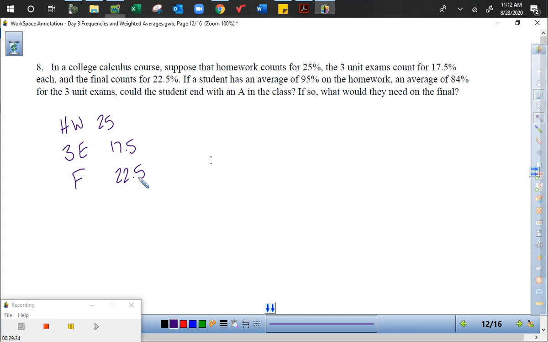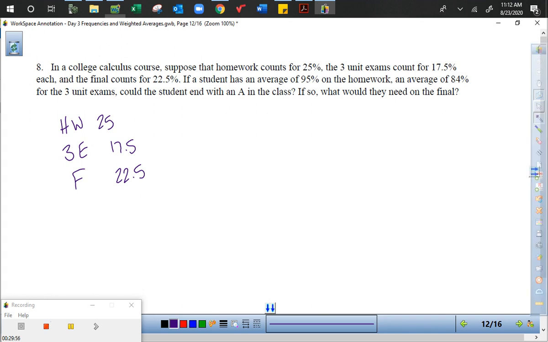Great. So if a student has an average of 95 on the homework, an average of 84 for the 3 unit exams, could the student end with an A in the class? We're going to assume 90, 80, 70, since this is a college course. That's pretty standard. And then it says, if so, what would they need on the final?